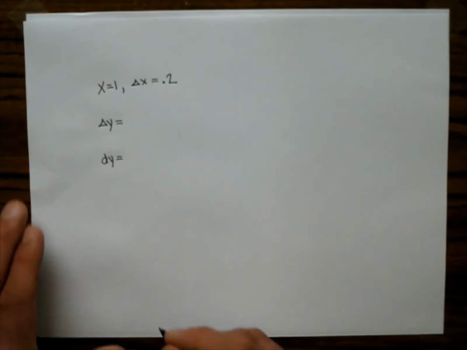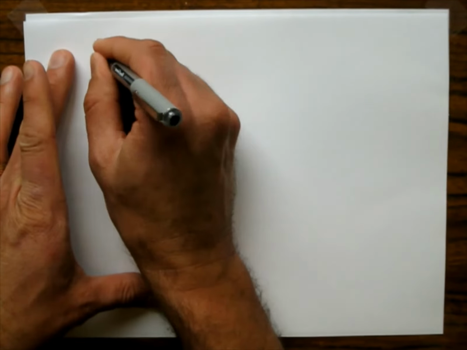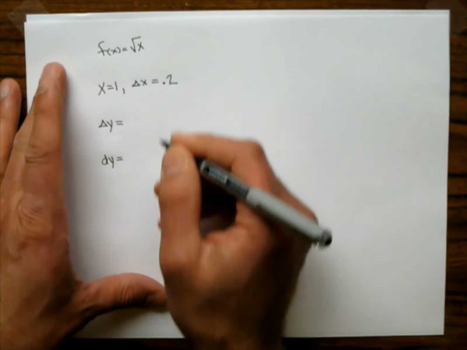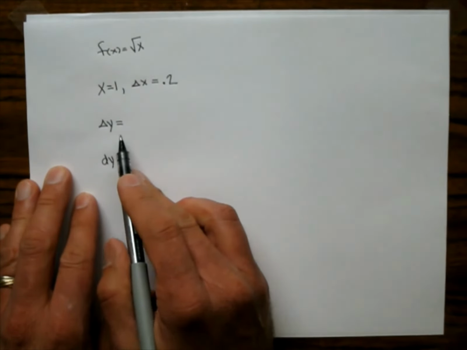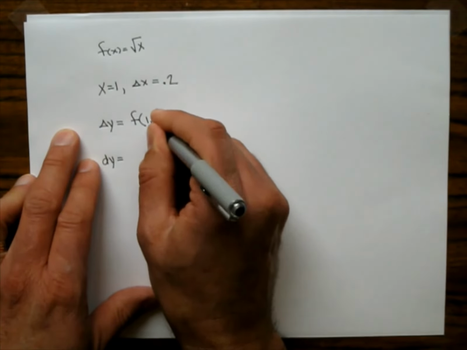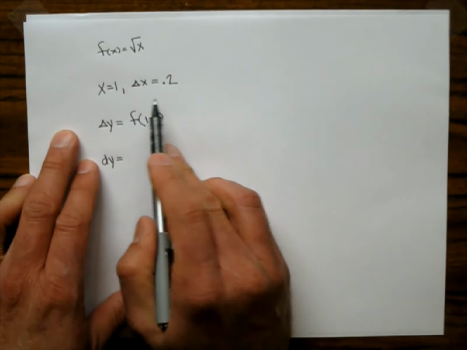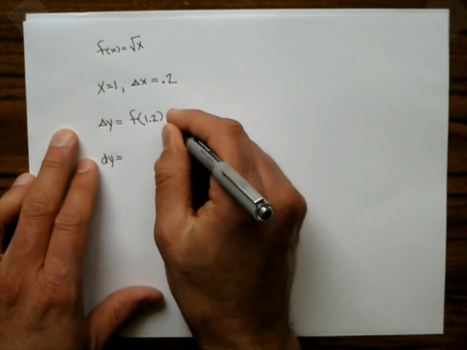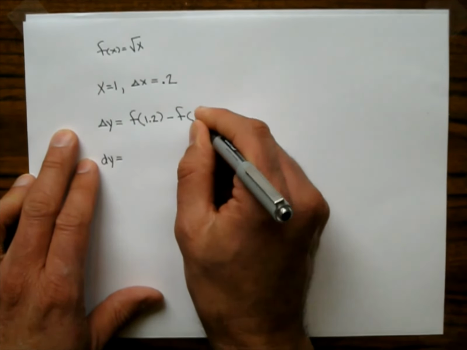Okay, delta y, remember my original function was f of x equals the square root of x. So delta y is going to be f of 1.2, because that is where you're going to. You have 1, and then we add that. And then we have minus f of 1.